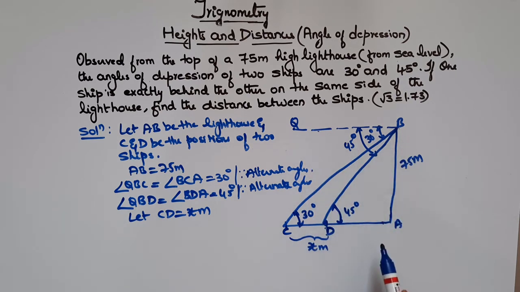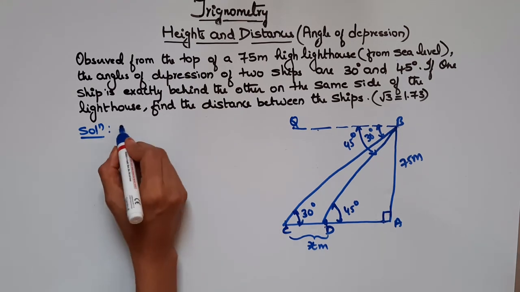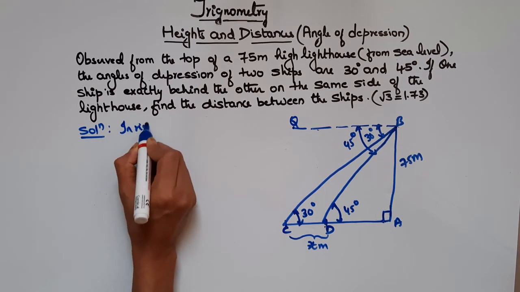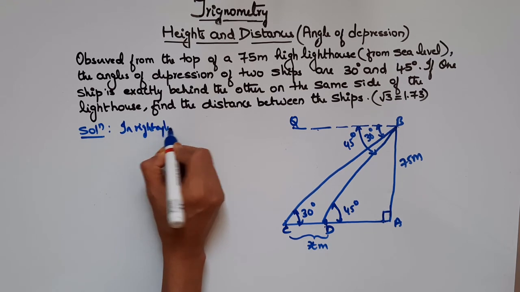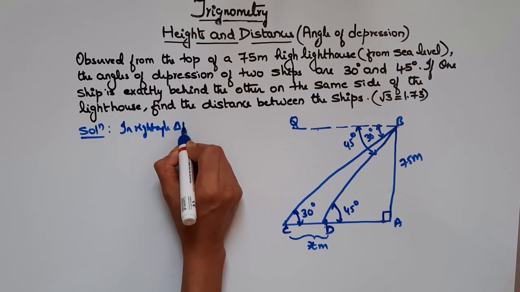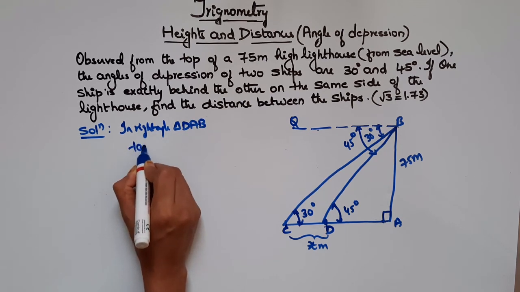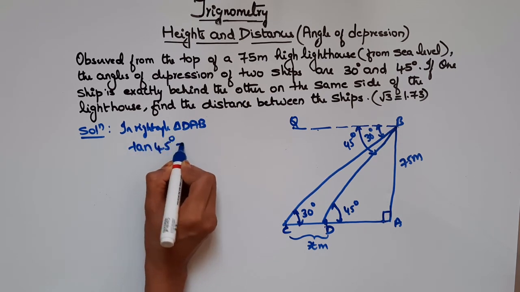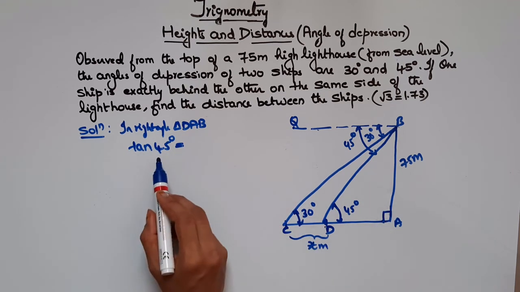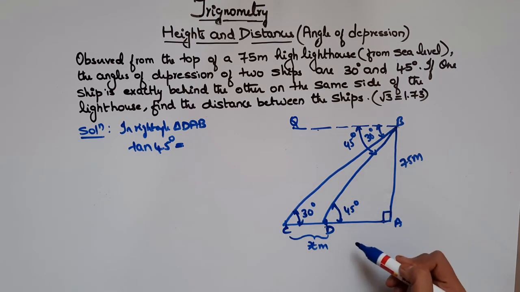So now if you see the diagram, here we have DAB is a right angle triangle, right? That is, this is 90 degree. So now let's see what is tan 45 degree. But before that, pause the video and note this down. So now in right angle triangle DAB, what is tan 45 degree? Tan is opposite by adjacent.